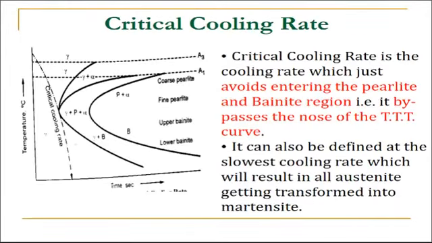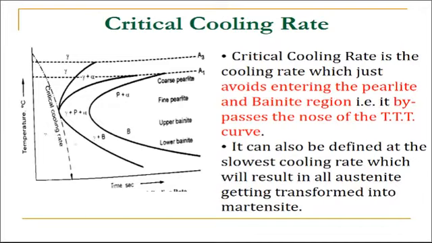Now let us learn the critical cooling rate. The critical cooling rate is the cooling rate which just avoids entering the pearlite and bainite region. That is, it bypasses the nose of the TTT curve; the critical cooling curve is just tangential to the nose of the TTT diagram.